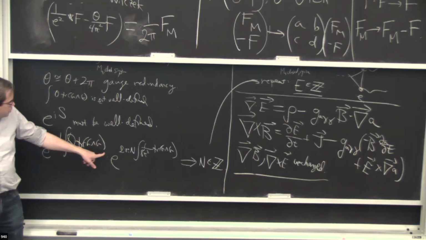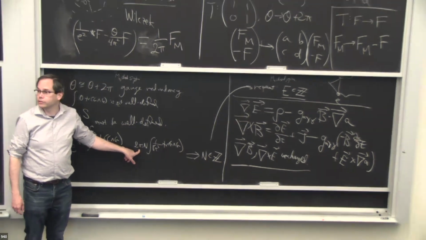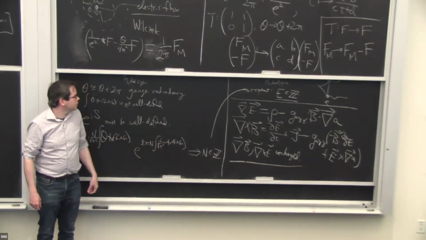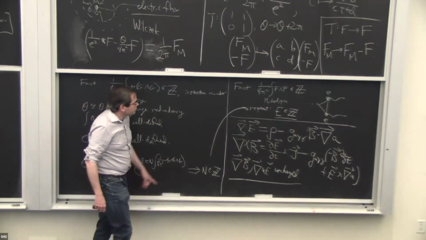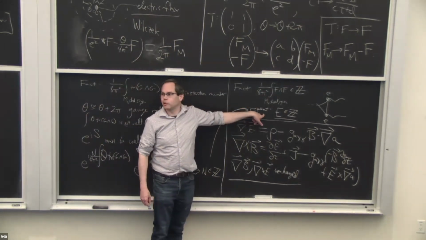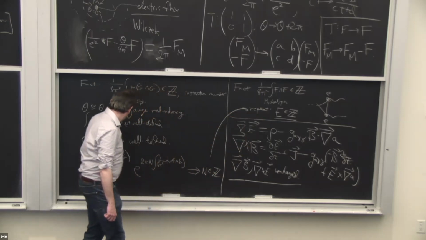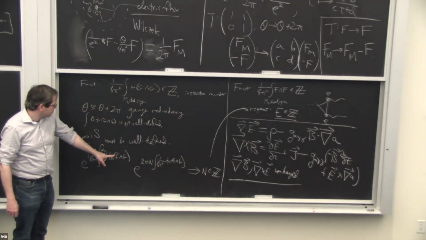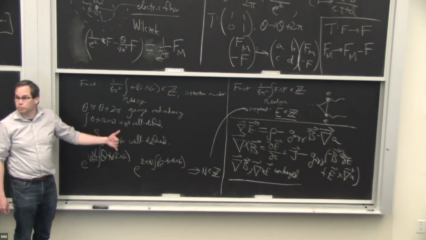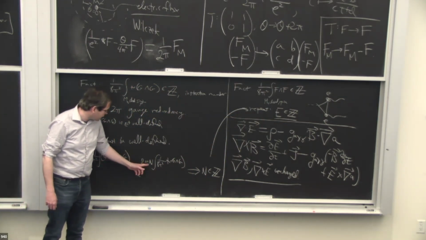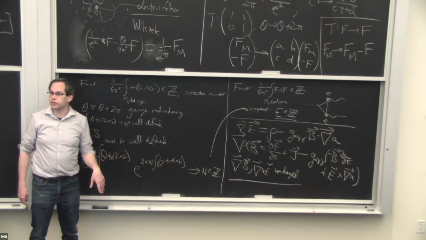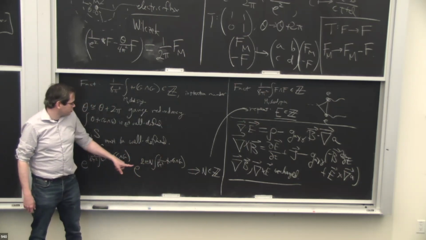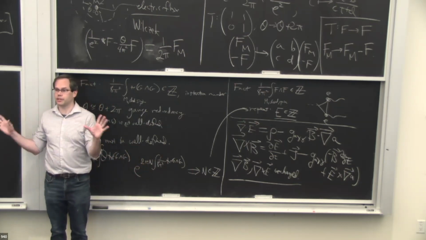When I shift theta by 2 pi, I pick up this new term, e to the 2 pi i times this integral. I did the same thing with the electric thing here. Okay, I coupled my axion to F wedge F. I said I shift theta to theta plus 2 pi. I pick up a new term, e to the 2 pi i times the integral of 1 over 8 pi squared F wedge F. When I did that, I assumed that when I shift theta by 2 pi, nothing happened to F.